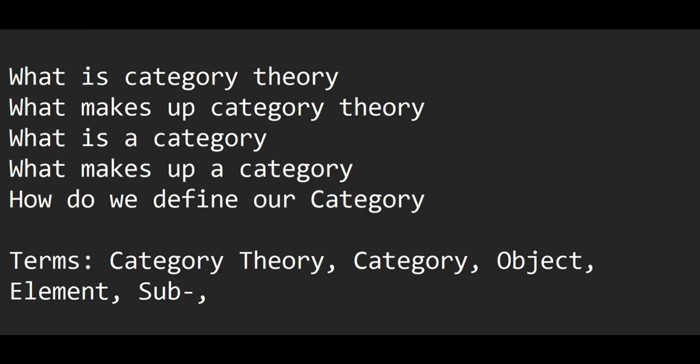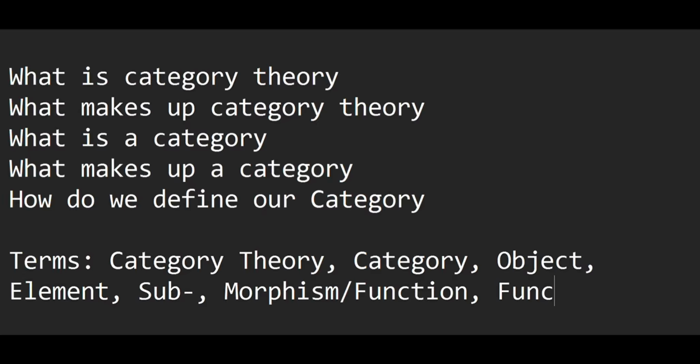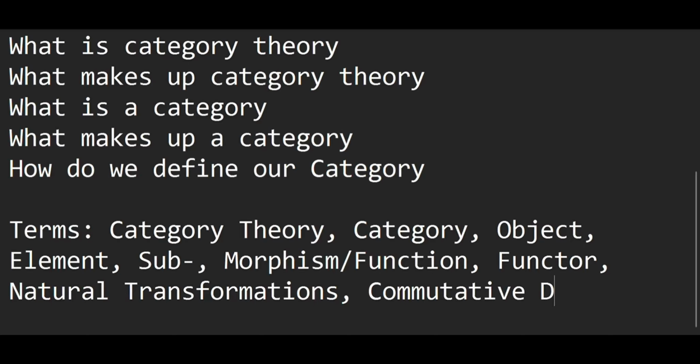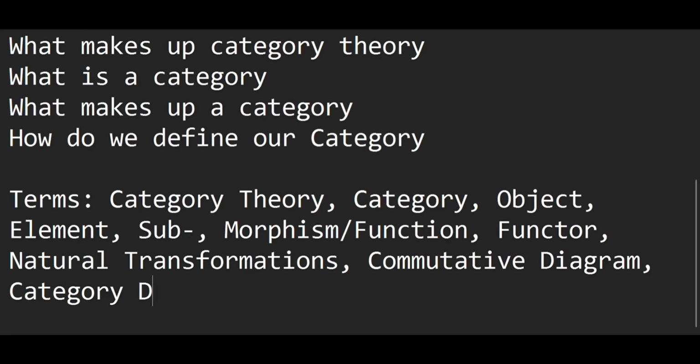We have morphisms or morphism / function. We have functor, natural transformations, commutative diagram, and finally, a proposed category design process.